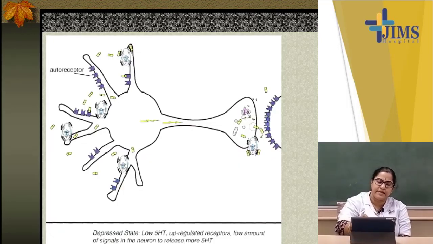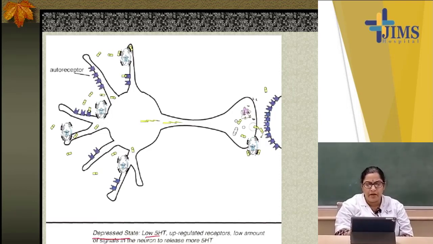So here we can see these are the dendrons, these are the axons. So here this is the normal function. What is happening? These are the autoreceptors where the serotonin is being taken up and getting attached to these autoreceptors, leading to more secretion. So this is the depressed state.